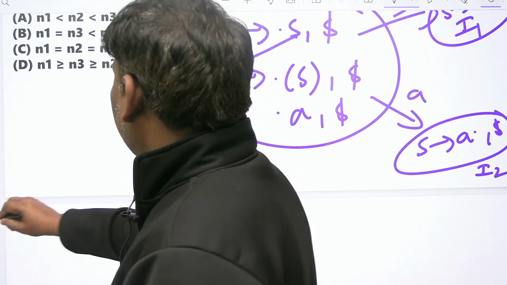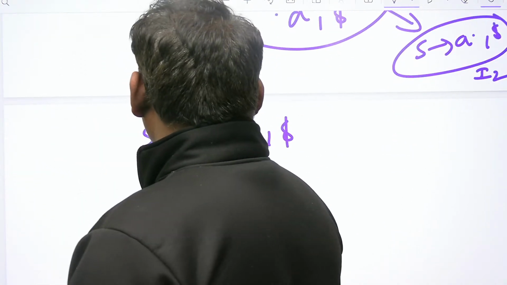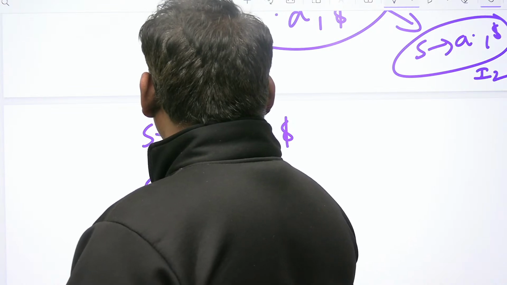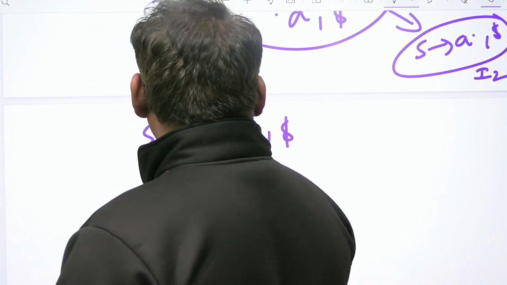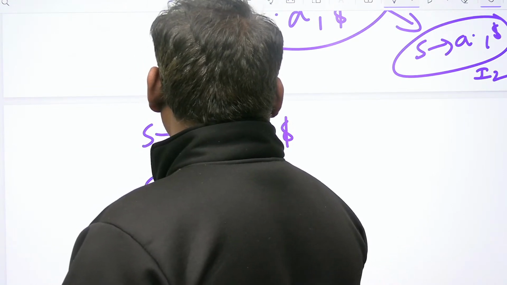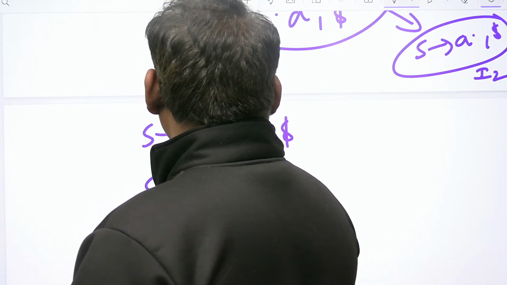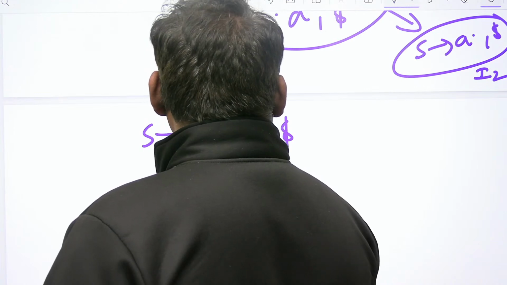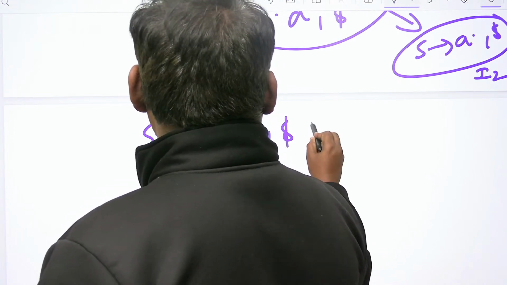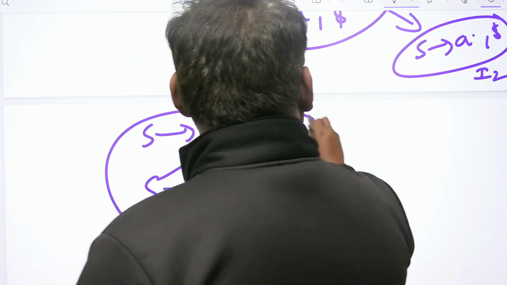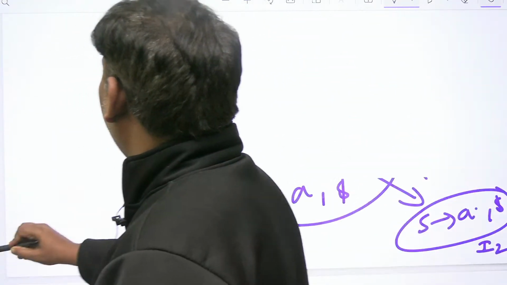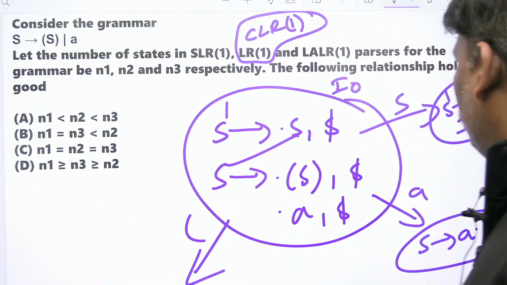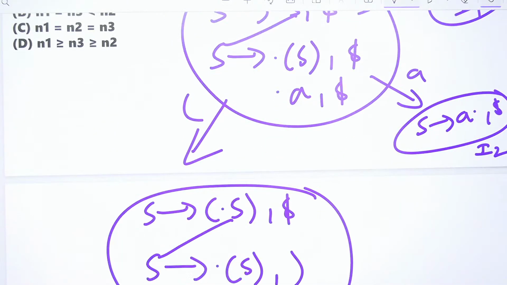Because of dot S, the S possibilities from the grammar: S goes to dot open bracket S closure bracket, dot a also, because it came from here. Lookahead symbol is closure bracket. This is I3. Please check the grammar if I did anything wrong. Until now everything is fine.